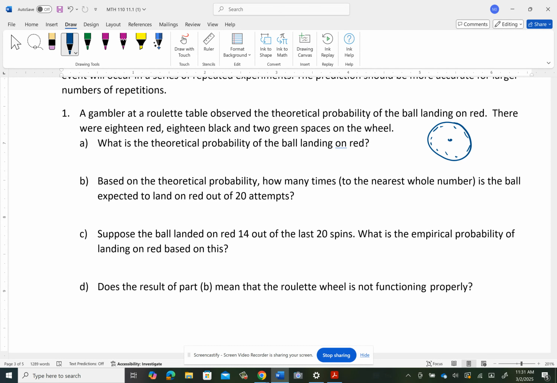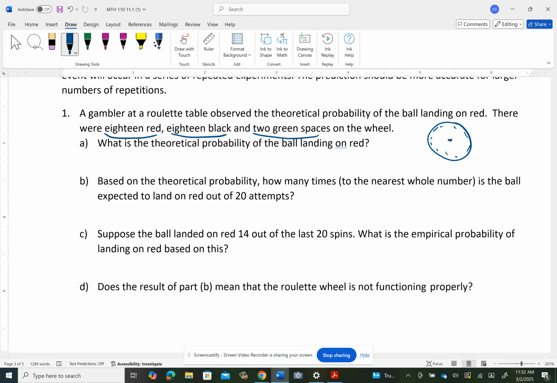The spaces around the wheel are red, black, and green, and we're told there are 18 red ones, 18 black ones, and 2 green spaces on the wheel. The ball should have an equally likely chance of landing in any one of those spaces.